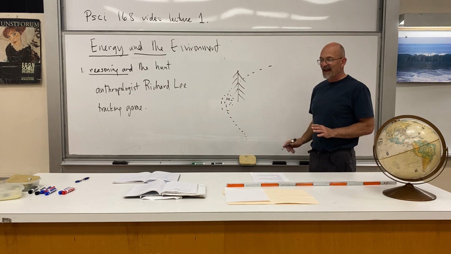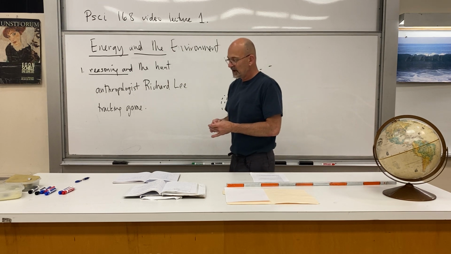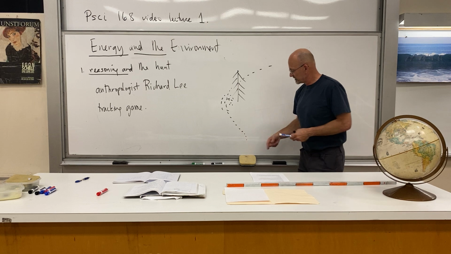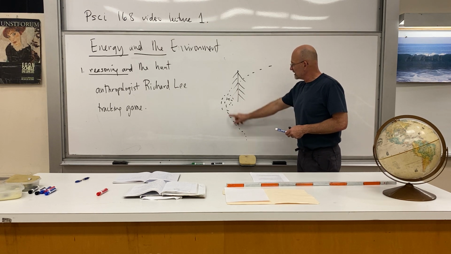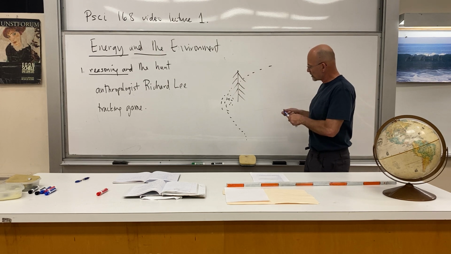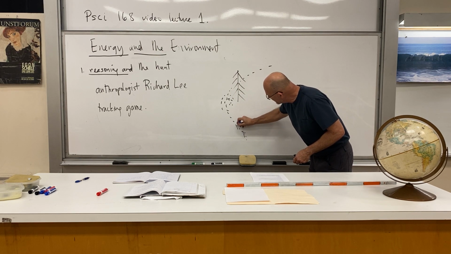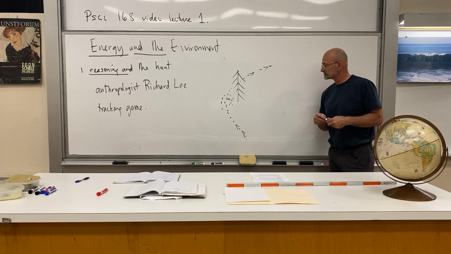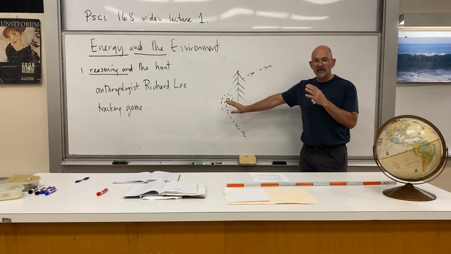So the interpretation is that the animals, they're going in this direction. They came here, and then they went on. So I'll put a little arrow here. There's my tree, there are the tracks.